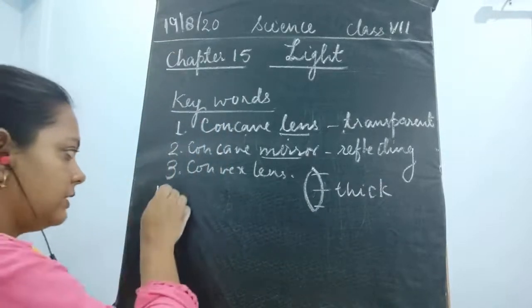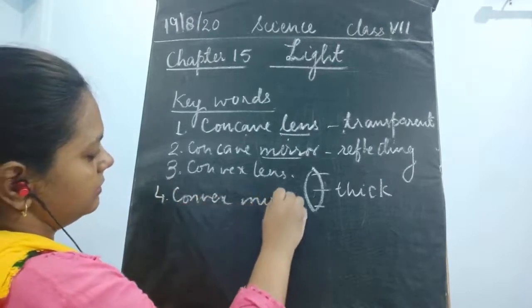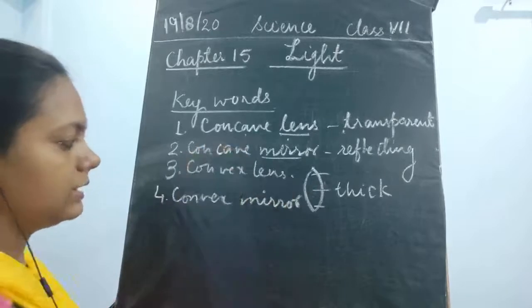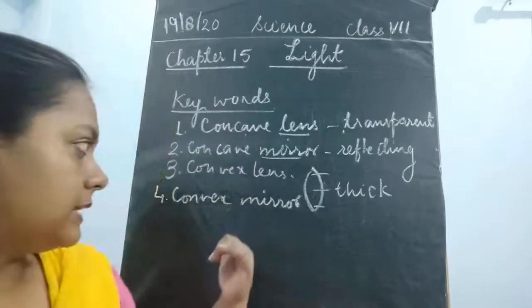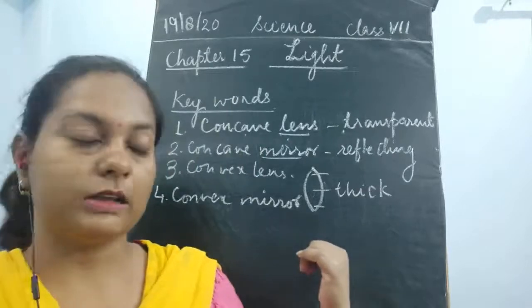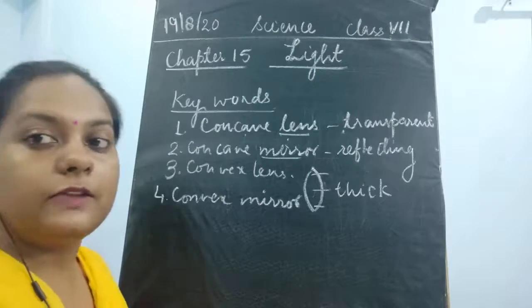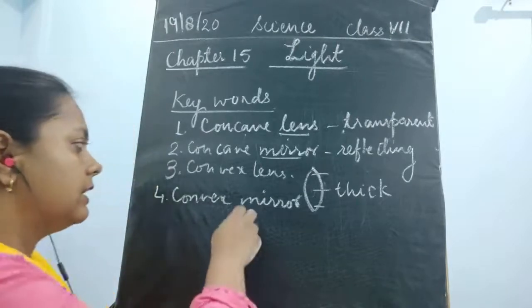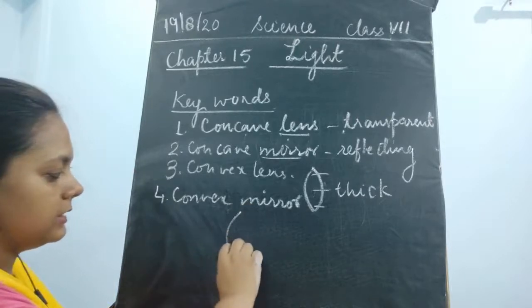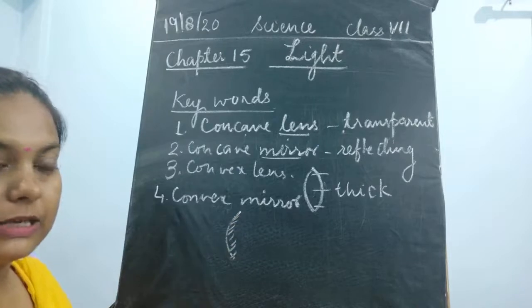The next word is convex mirror. A convex mirror is again a shiny, reflecting surface, and it is a curved reflecting surface. What kind of curve is it? It is convex, which means it is bulging outwards, and the inner side is painted black, painted opaque.